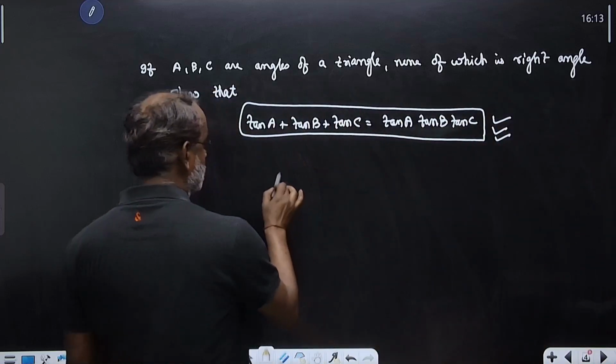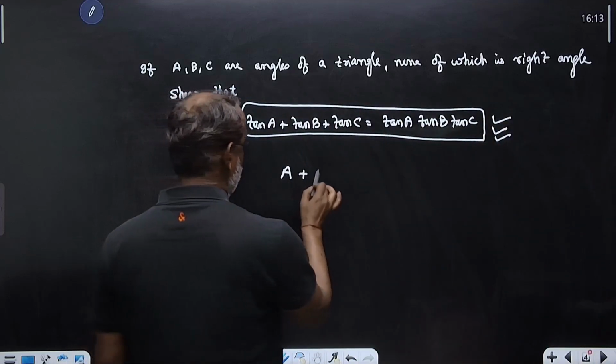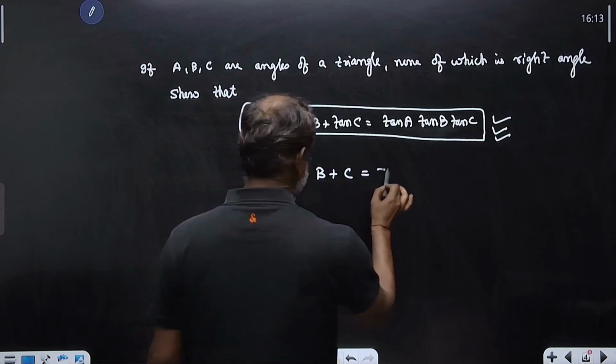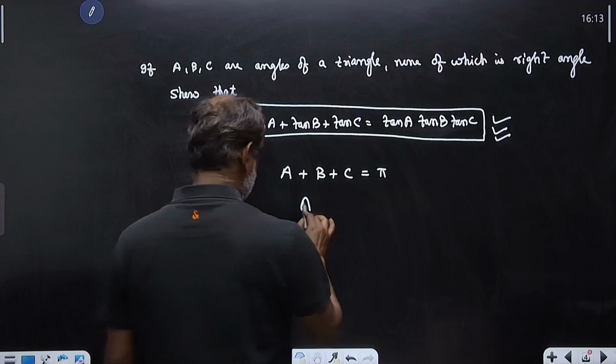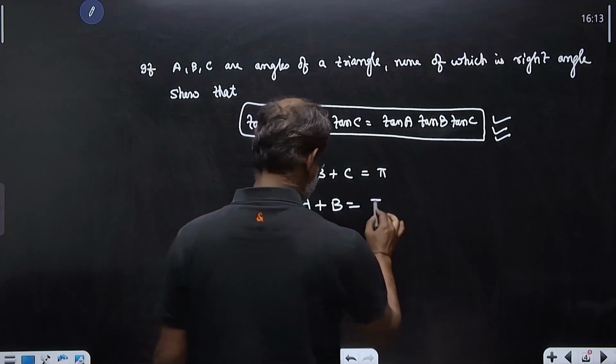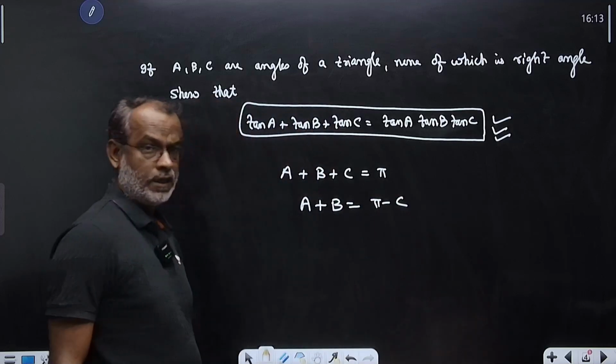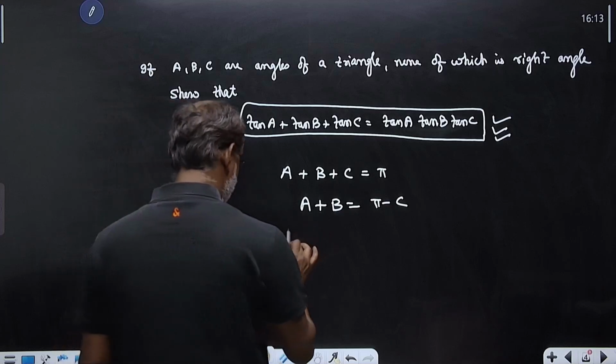What we know is the sum of the angles of a triangle is pi. So A plus B is pi minus C, and now we take tan on both sides.